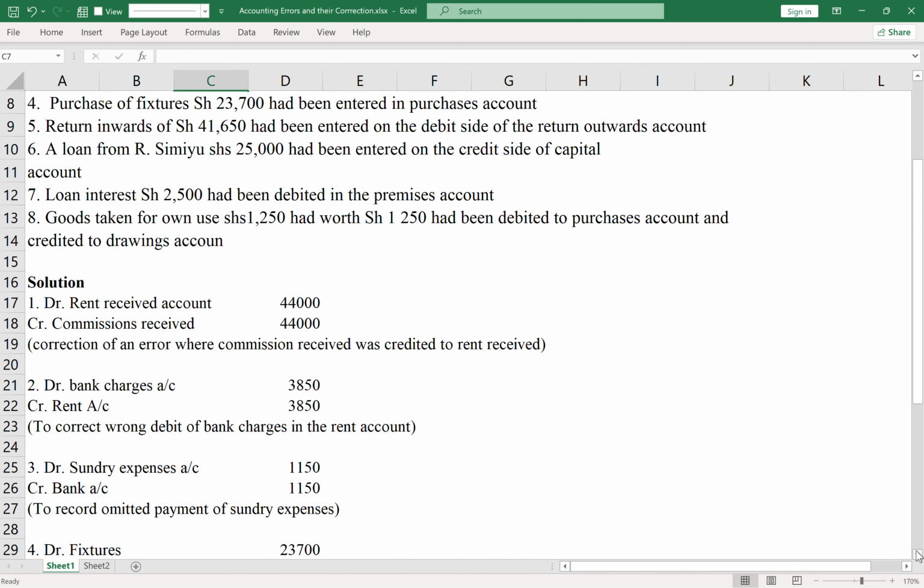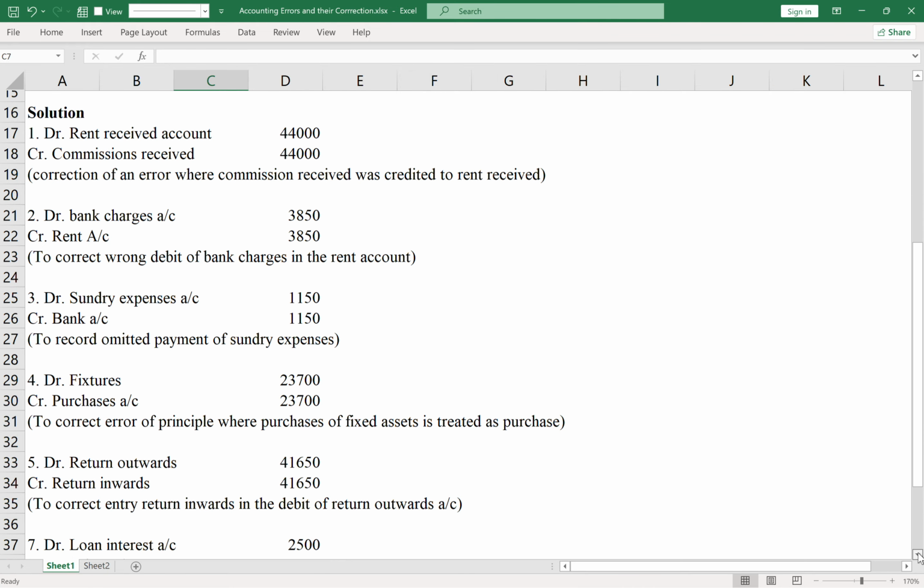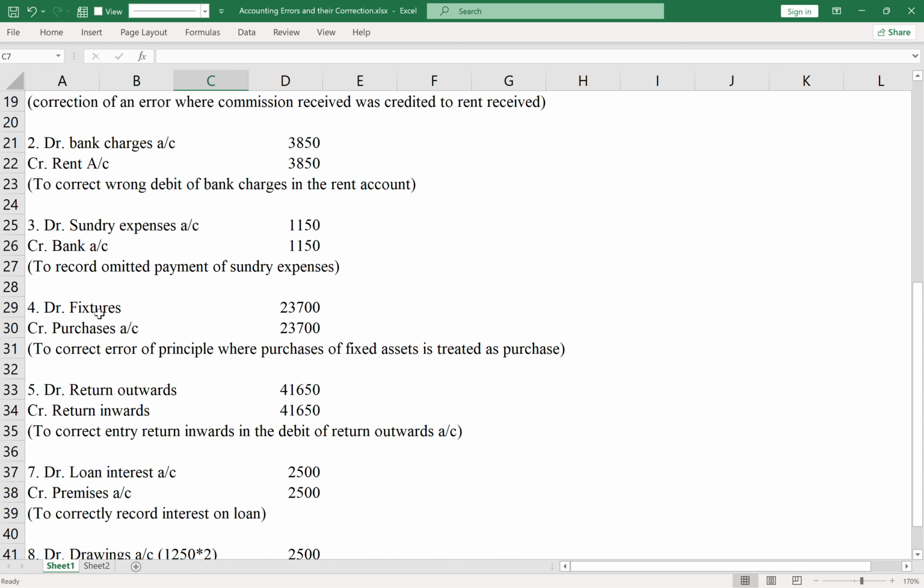So we are going to debit the fixtures and then credit the purchase account, with the same amount of 23,700. Then the narration: to correct the error of principle where purchase of fixed asset is treated as purchase.